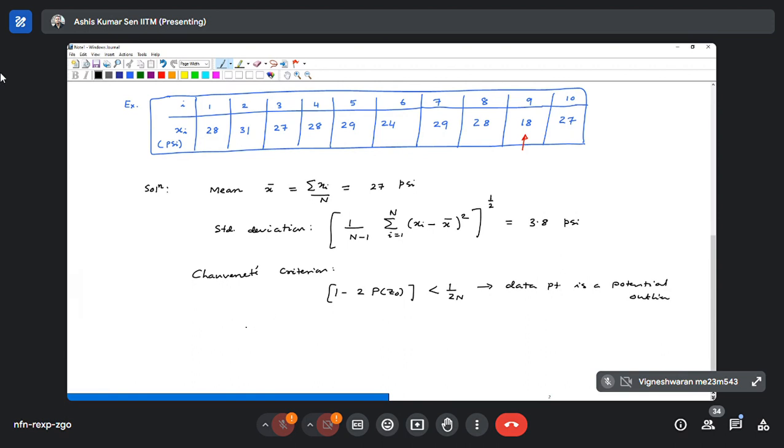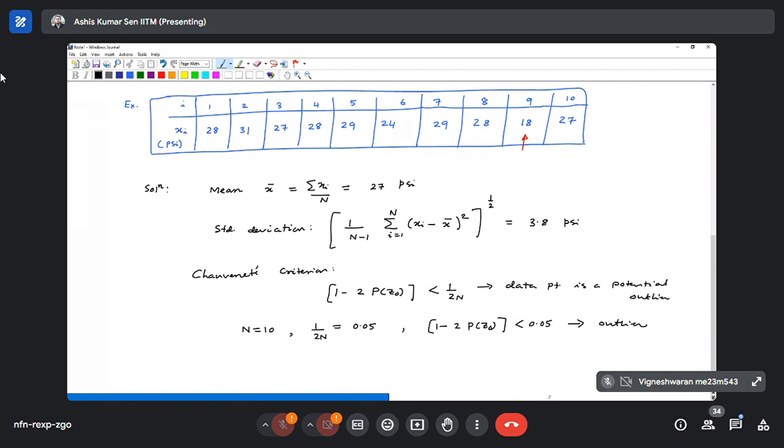In this particular case, n equals 10, so 1 over 2n is 0.05. So for any data point, if 1 minus 2 p(z0) is less than 0.05, then that is an outlier.